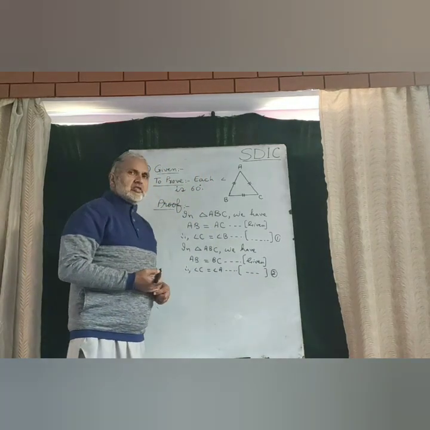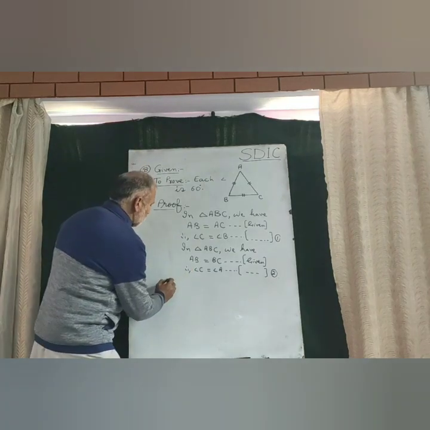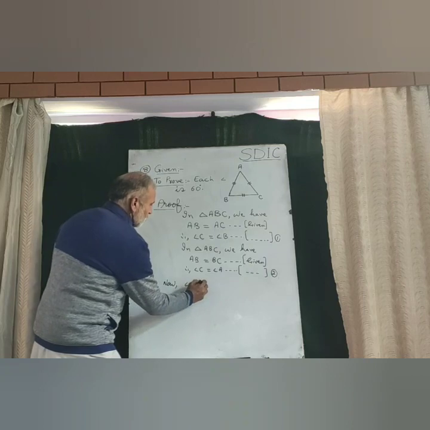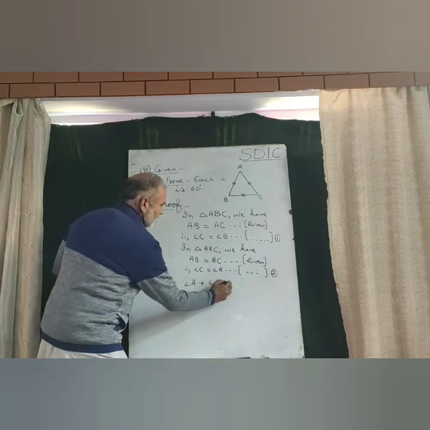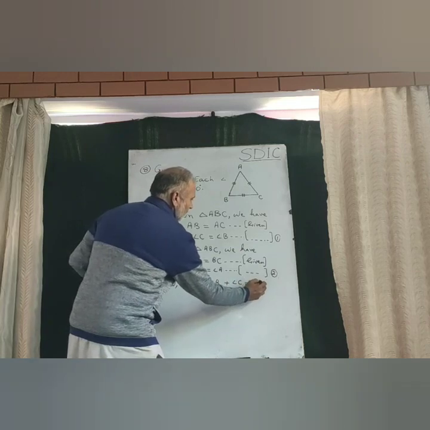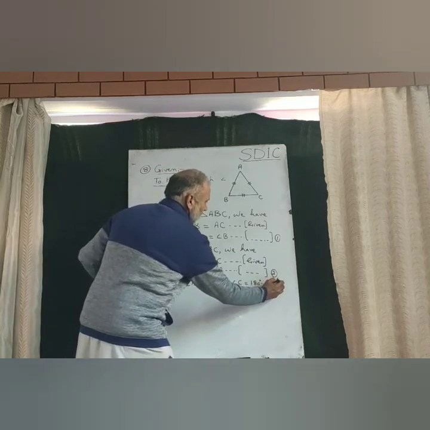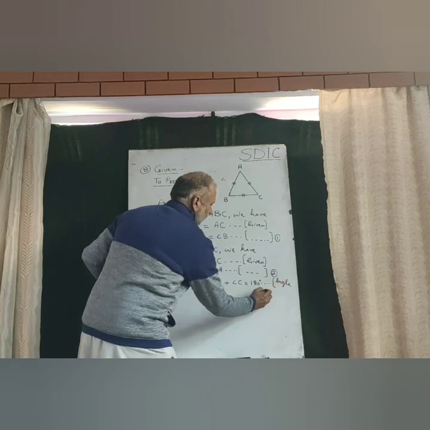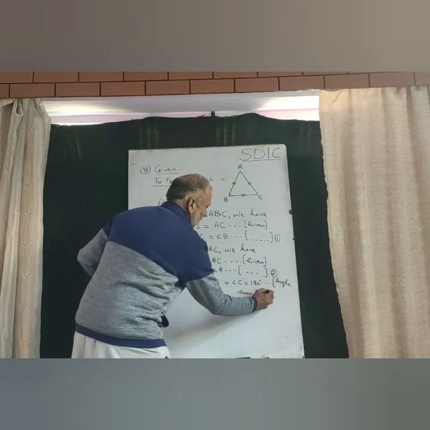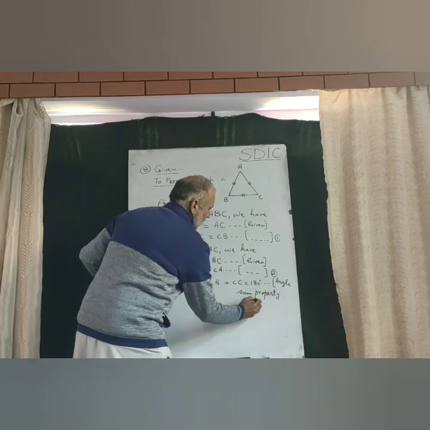Having done this, now apply angle sum property. Now, angle A plus angle B plus angle C is equal to 180 degrees. Angle sum property of a triangle.